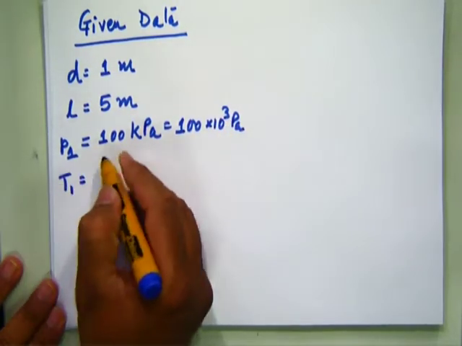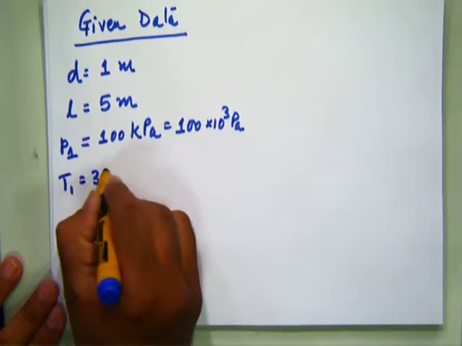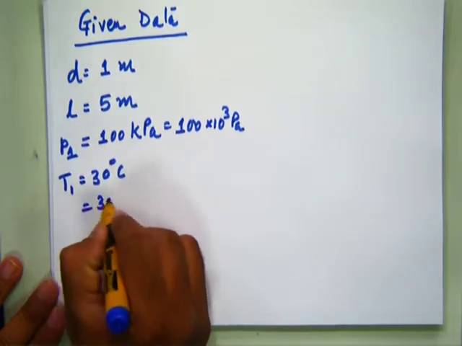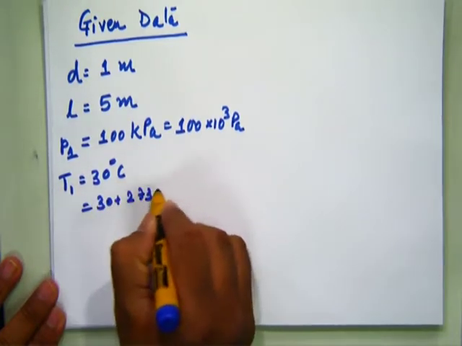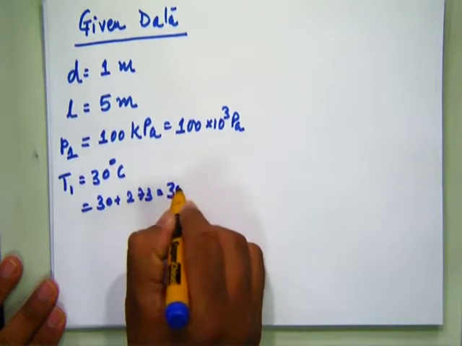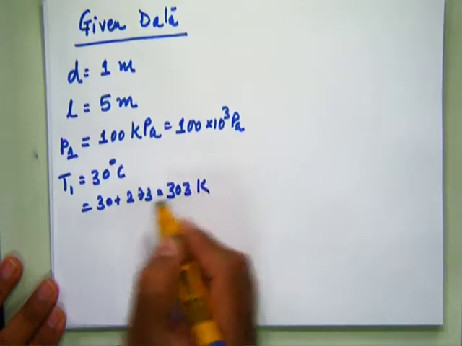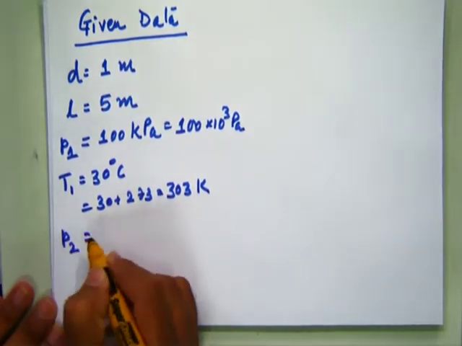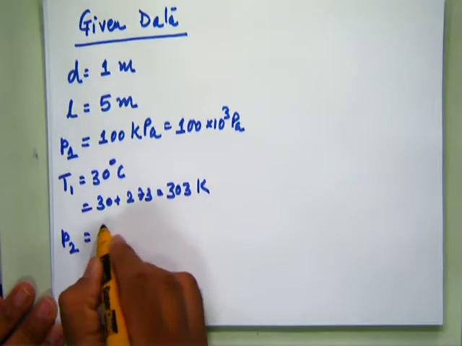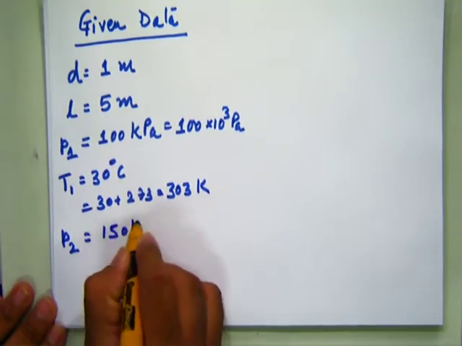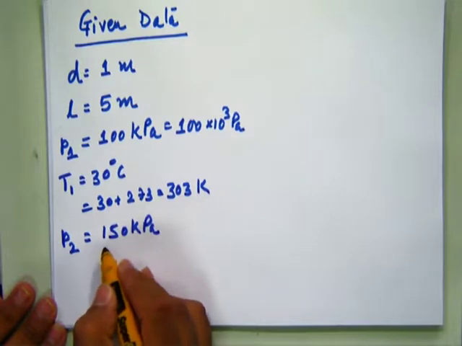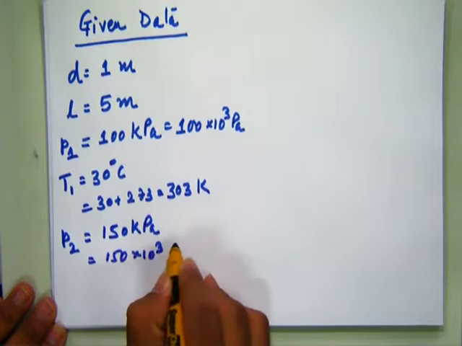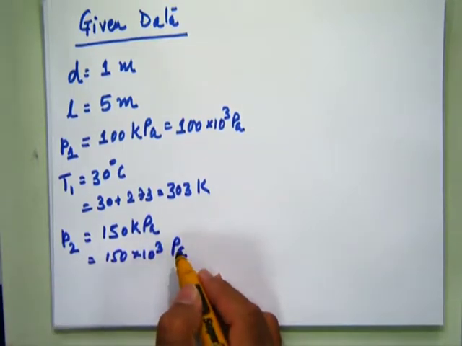Temperature at the beginning is 30 degrees centigrade, so it is 30 plus 273, equal to 303 Kelvin. Pressure at the end of the process, P2, is 150 kilopascal, that is 150 into 10 raised to 3 Pascal.